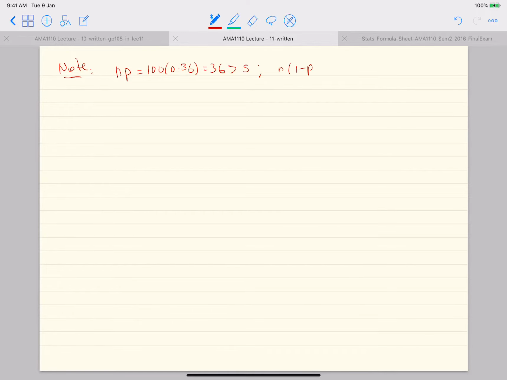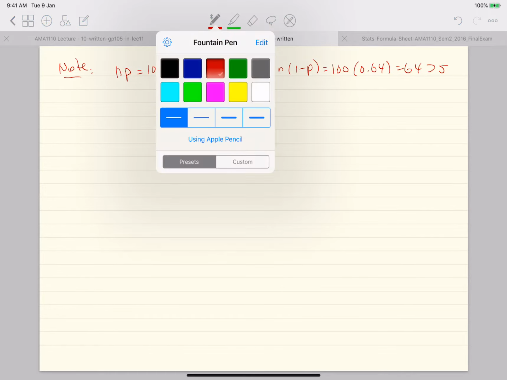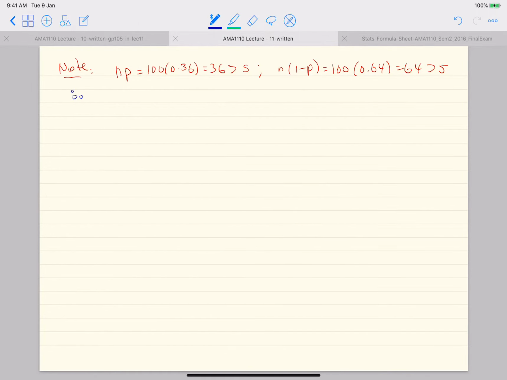How about n times 1 minus p? Here it is 100 times 0.64, which is 64, which is also greater than 5. So therefore, we can approximate the binomial distribution by the normal distribution.